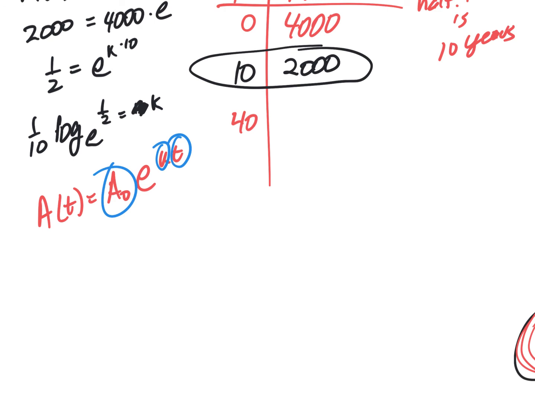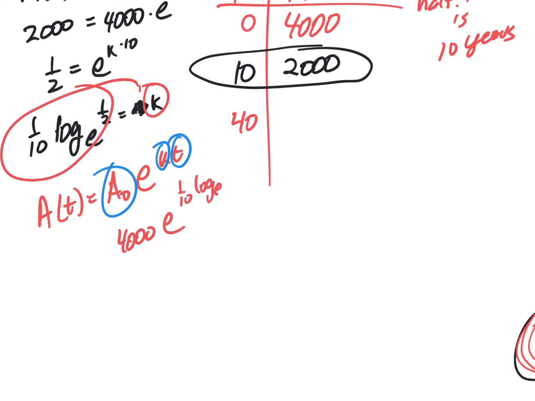All right, so the amount was 4,000 to start with. E to the K comes from here. So that goes right here, 1/10 log base E of 1/2. Then I have the time, and I just choose to put the time in front of it. The time is 40. 40 divided by the 10 is 4 again. So I have 4,000 E to the 4 log base E of 1/2.